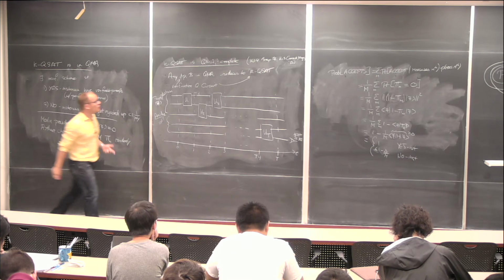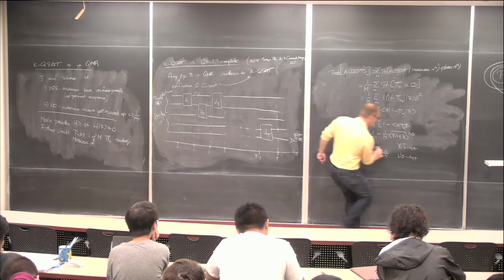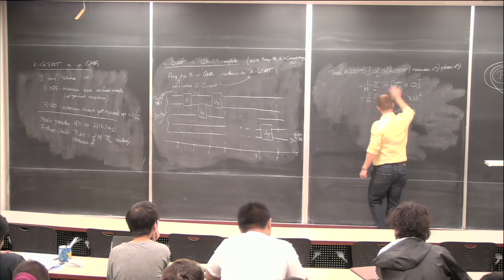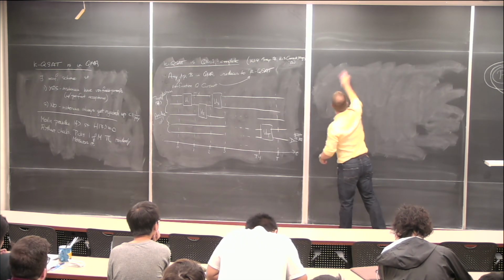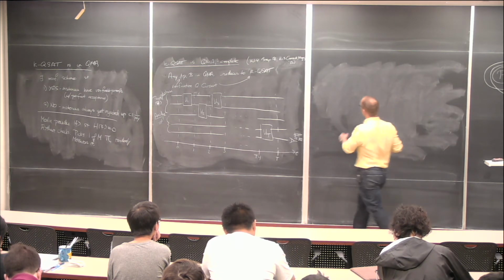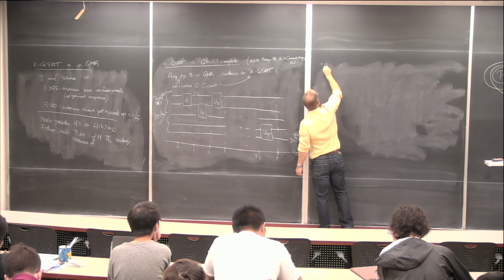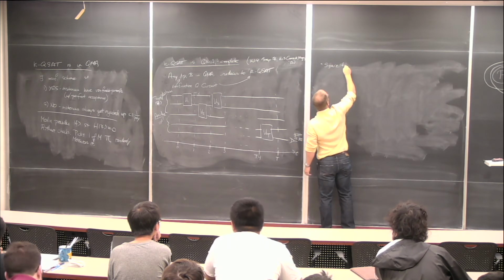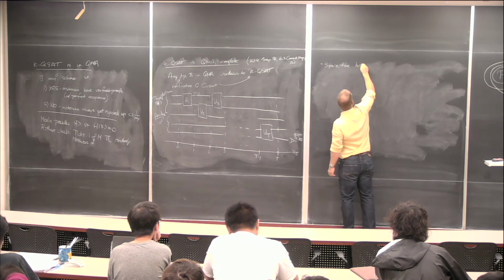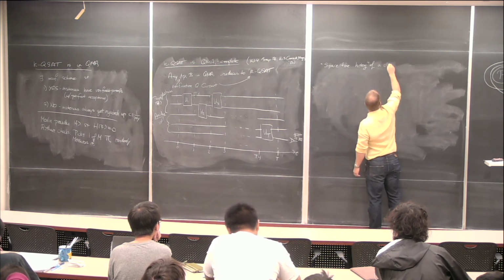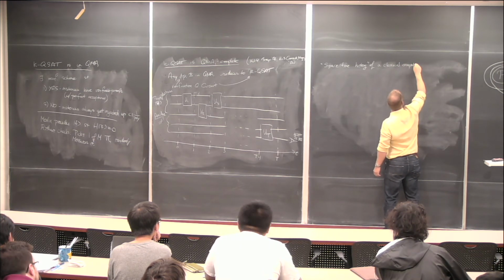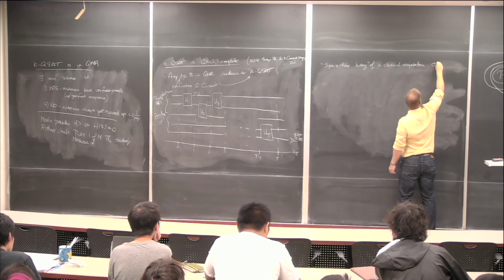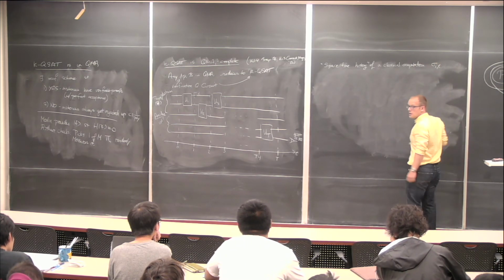So in the classical case, I could say that there was kind of a space-time history of a classical computation given by sigma_{i,t}, right?